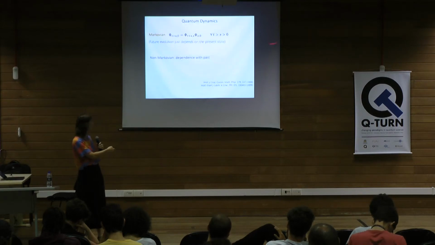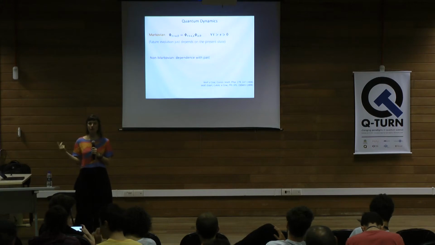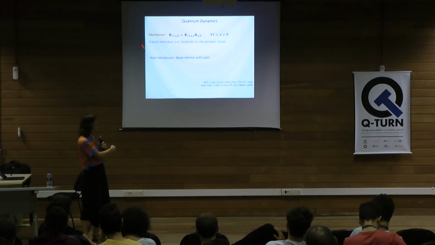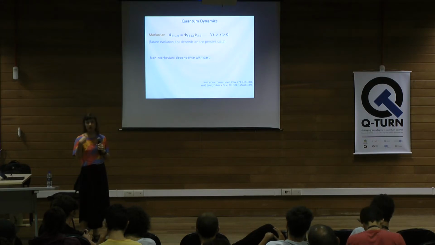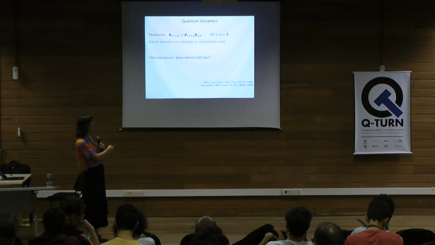So I will be talking about maps, and I want to define Markovian or non-Markovian by looking into the maps. So I say that the dynamics is Markovian if the map can be divisible into other CPTP maps. And then here I recover again this idea. If I know the state at time s, so if I know rho_s, I can say what is the state at time s plus t.